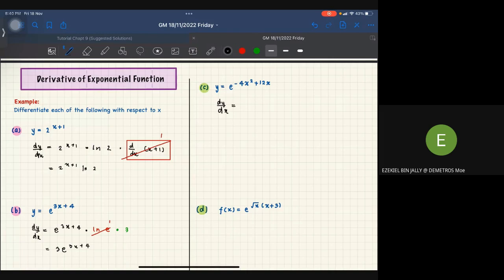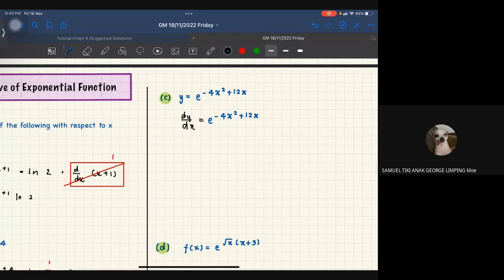Saya buat first step je dulu. Let me literally copy the question. Paste it. Okay, dah. Jom bincang. Semua orang okay ke? Okay, Miss. Alright, so jom kita discuss.